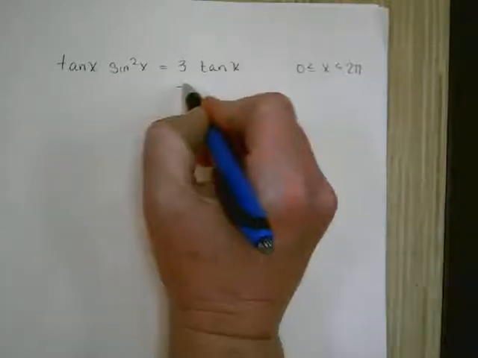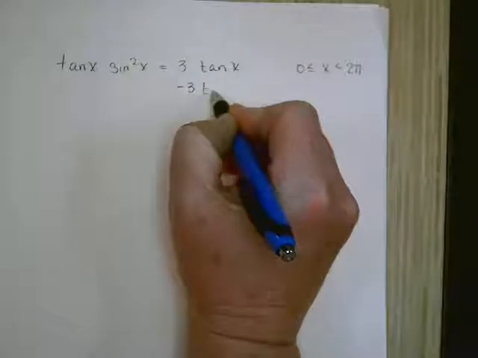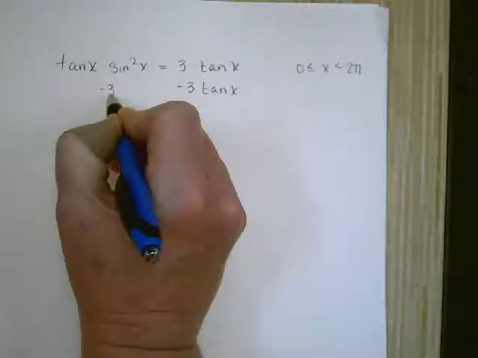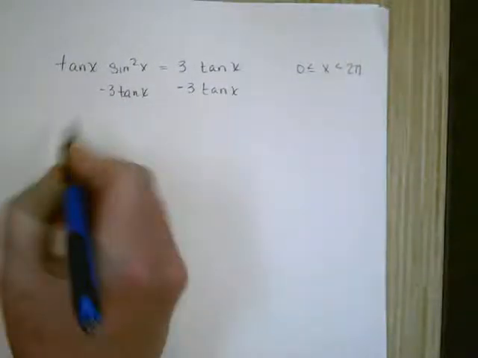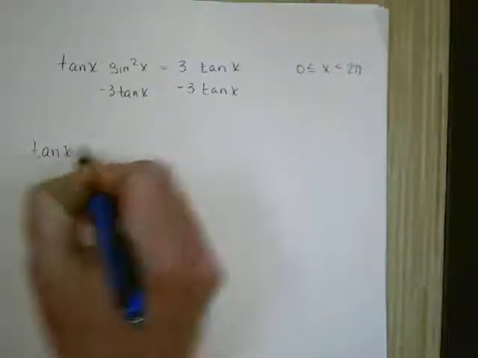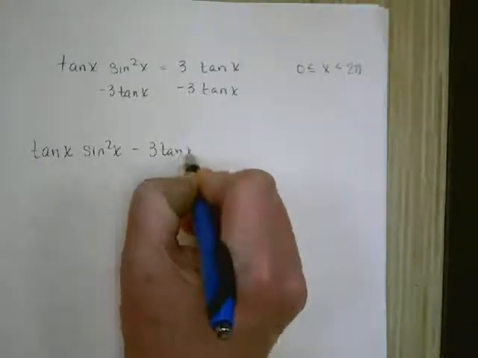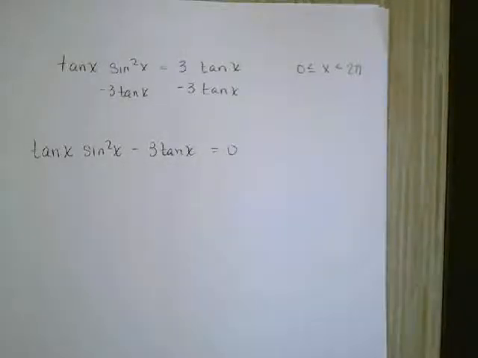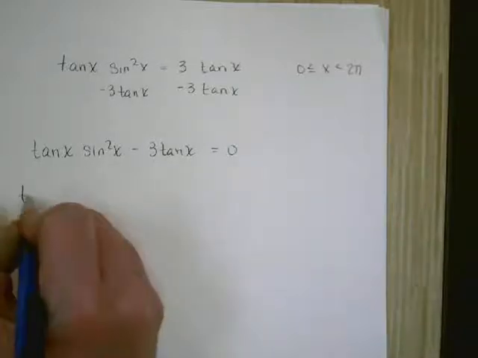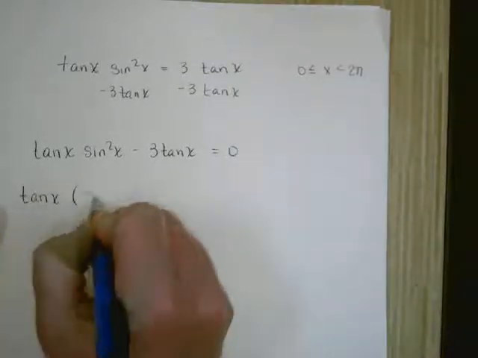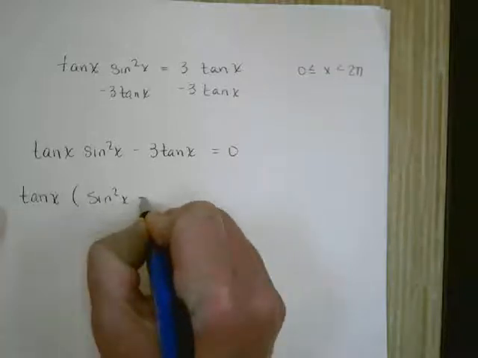So I'm going to subtract 3 tan x from both sides. So this is going to say tangent of x times the sine squared of x minus 3 times the tangent of x equals 0. Then I want you to factor out what they have in common. So I'm going to take a tangent out. Tangent of x times sine squared x minus 3 equals 0.